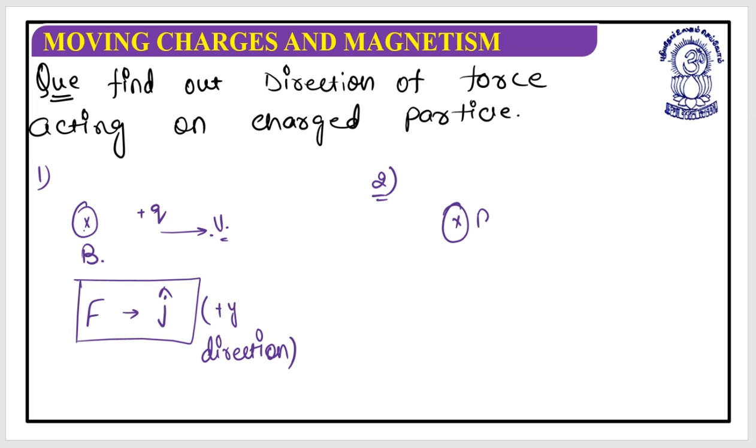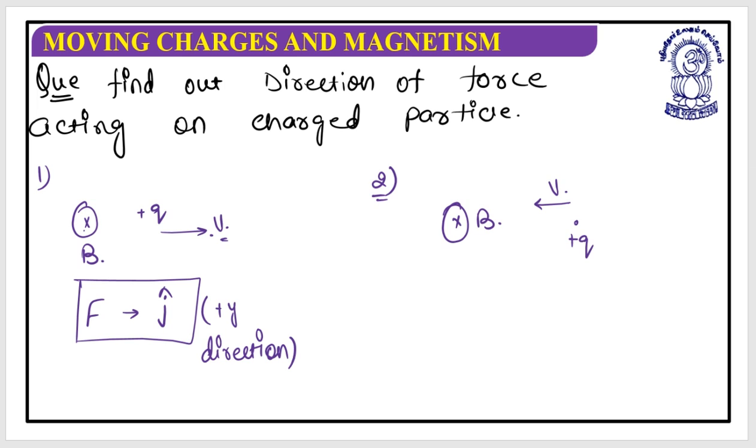A magnetic field is inside, and a charged particle plus q is moving in the negative x direction. Now what would be the situation? Again, do the same thing. First finger should be in the direction of the magnetic field.